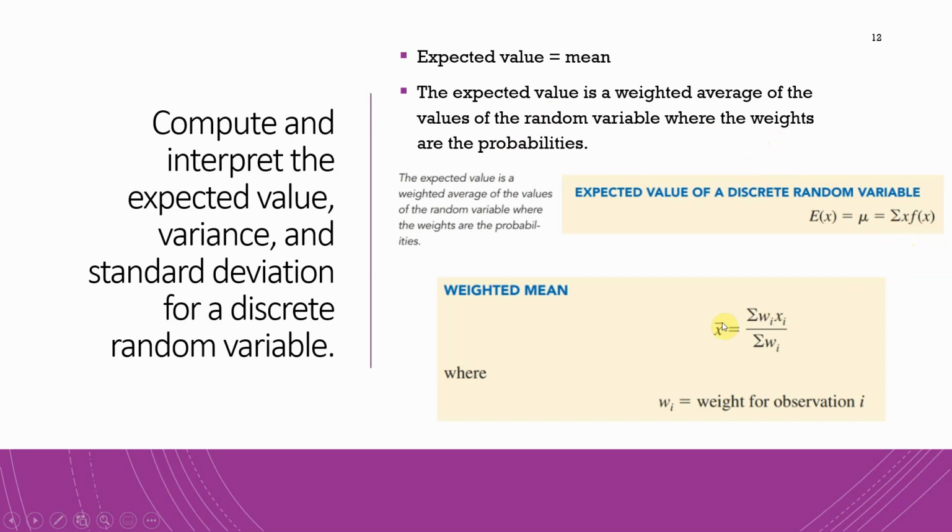So let's look at the equation for a weighted average, or the weighted mean, which we learned about back in Chapter 3. If you remember, say you're taking a course and your instructor uses a weighted average. It might be the case where your exam is worth 20% of your grade, a final project's worth 50% of your grade, and so on.